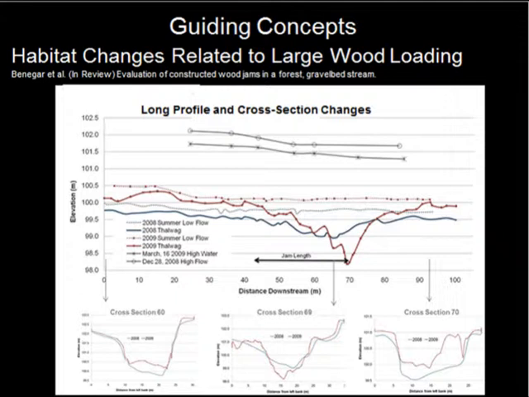It stores spawning gravel. At the site we see scour, and then downstream the interaction of the hydraulics that leave the feature and engage with subsequent downstream changes that we make, we see additional aggradation. So overall, putting wood in the system has increased floodplain connectivity.